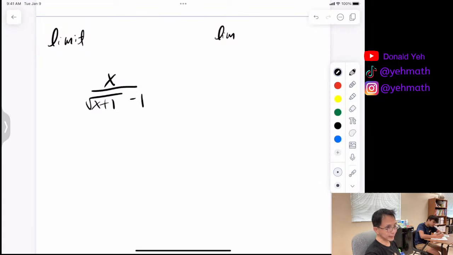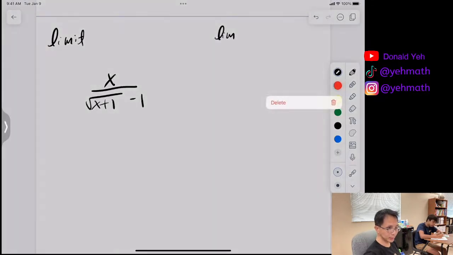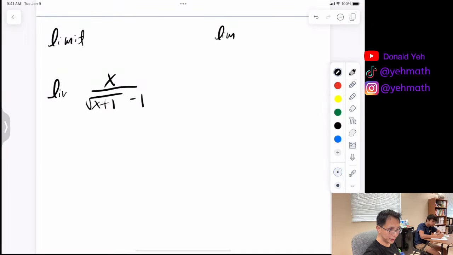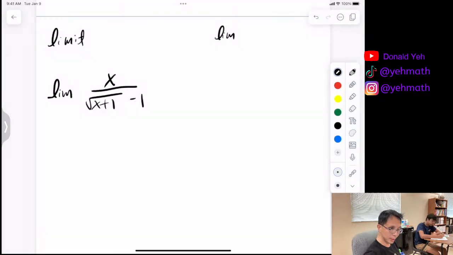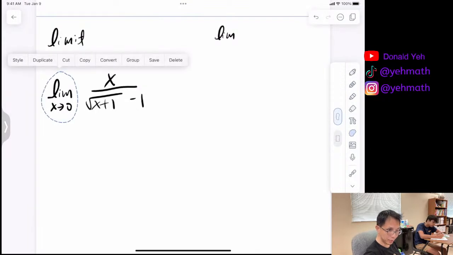I'm not going to write a limit here. And x approaches 0. Now this part is kind of interesting.